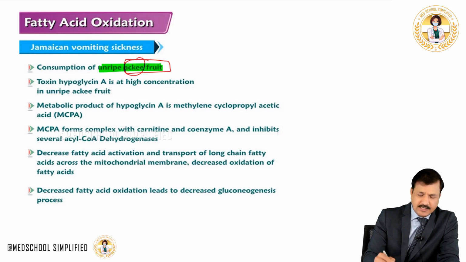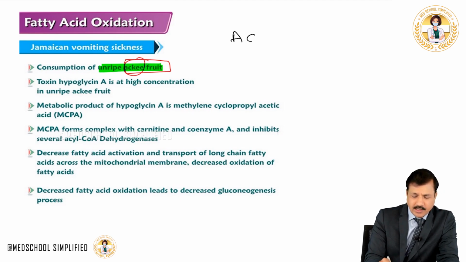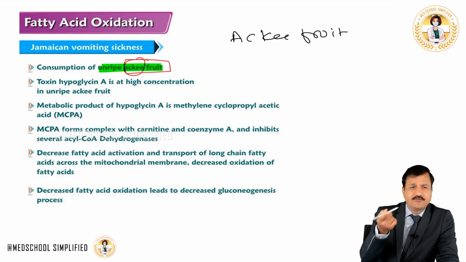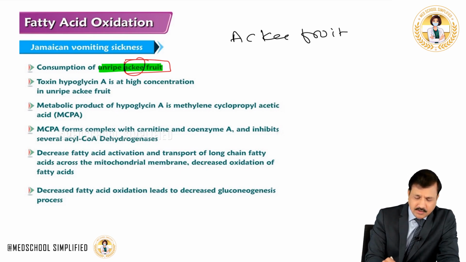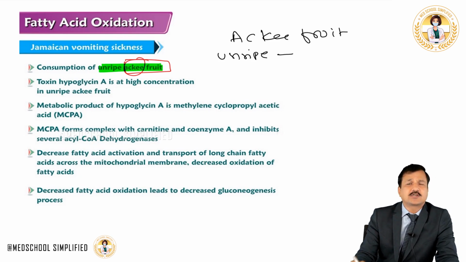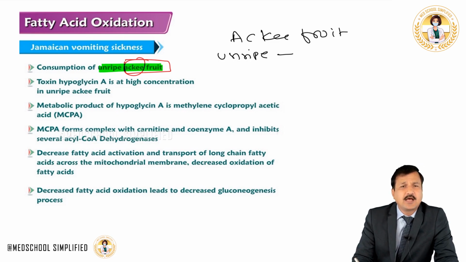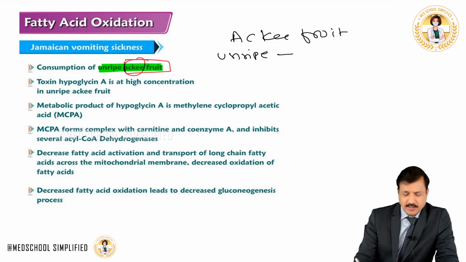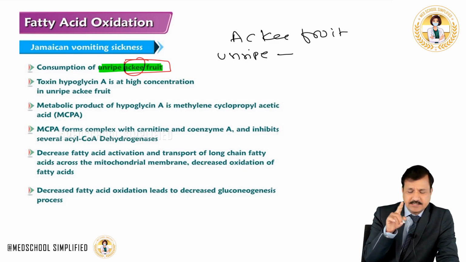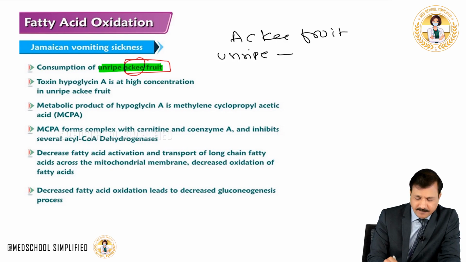The reason is that ackee fruit has a difference between ripe and unripe forms. In the unripe form, there is a toxin in the ackee fruit, and the names of the toxins are hypoglycin A and hypoglycin B. There are two toxins there.